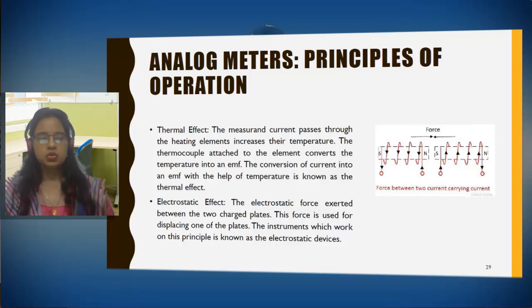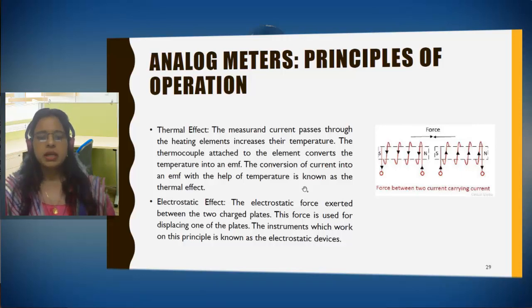When the temperature changes at one junction with respect to the other, suppose we are heating one junction and the other remains at the normal value, this difference in temperature will give rise to an electric effect, the production of some EMF. That property is used in anemometers also. This property is known as thermal effect.